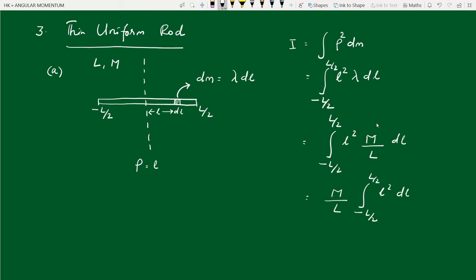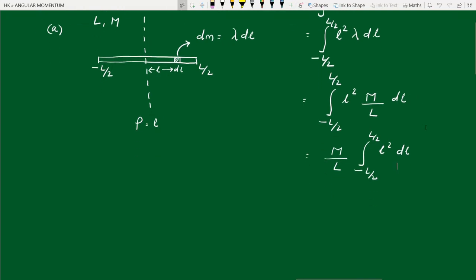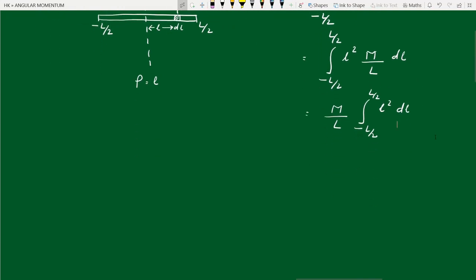Here we can use a result from mathematics that if you integrate an even function about symmetric limits, for example here the integrand is l square, which is an even function, since the integration is over the length of the rod, then we can rewrite this integration as 2 times the integral from 0 to L by 2 of l square dl. Okay, this makes it simpler.